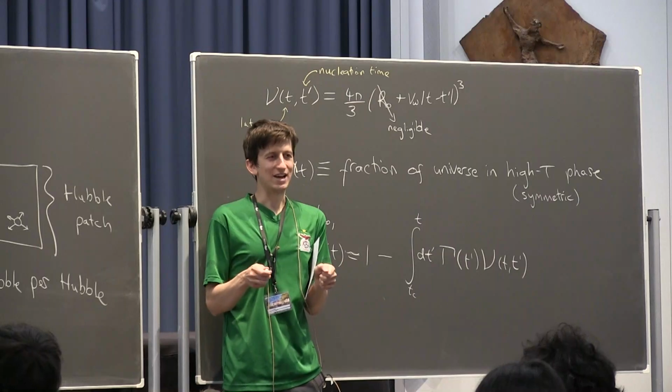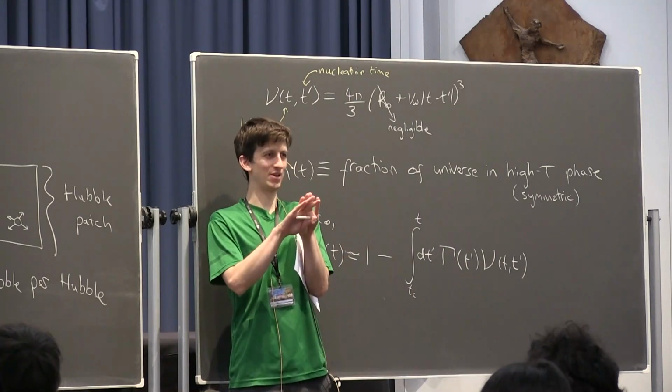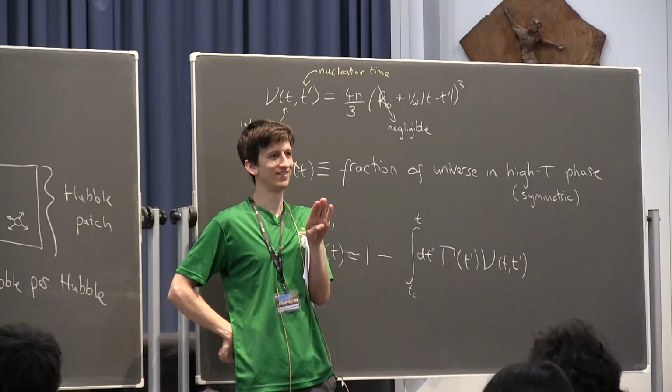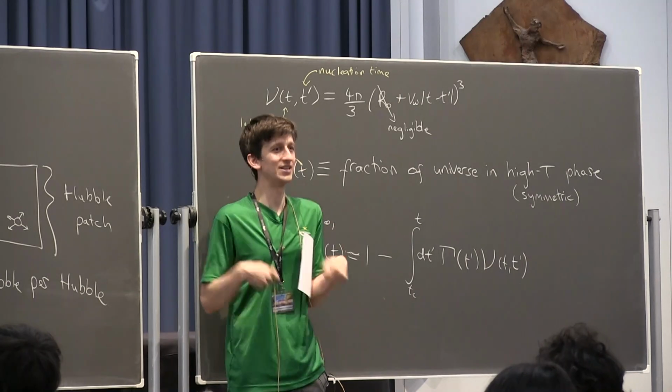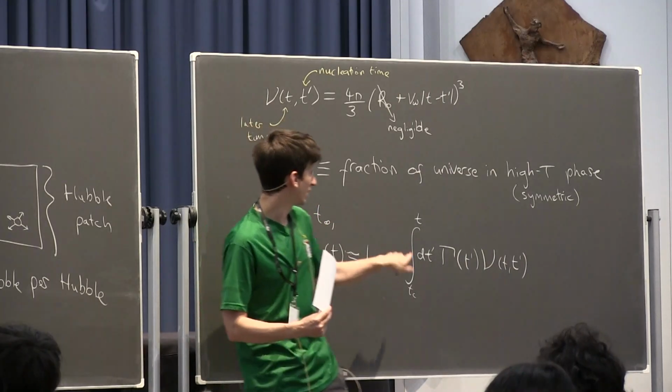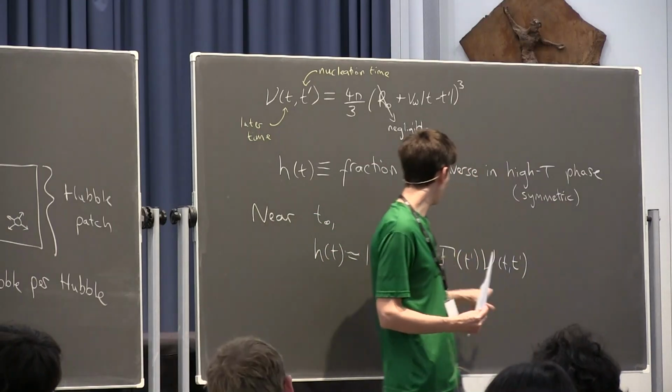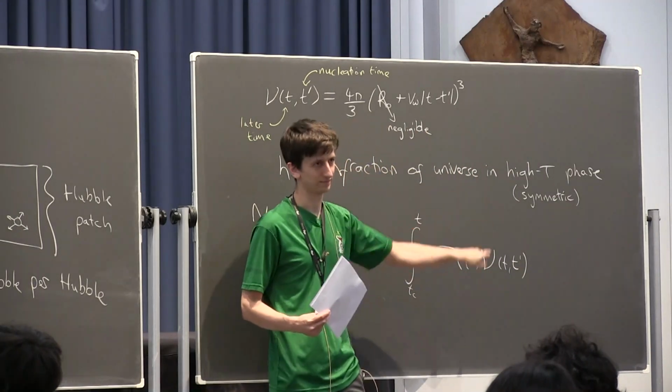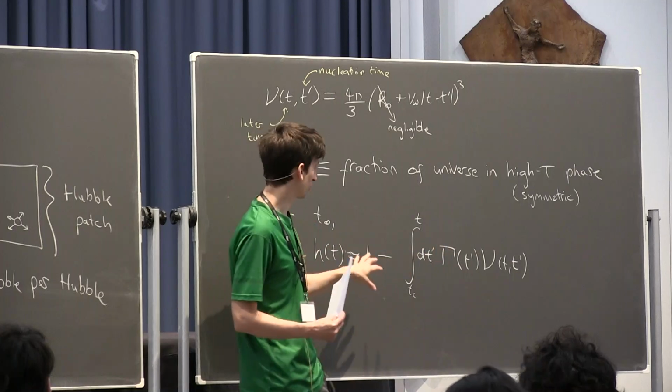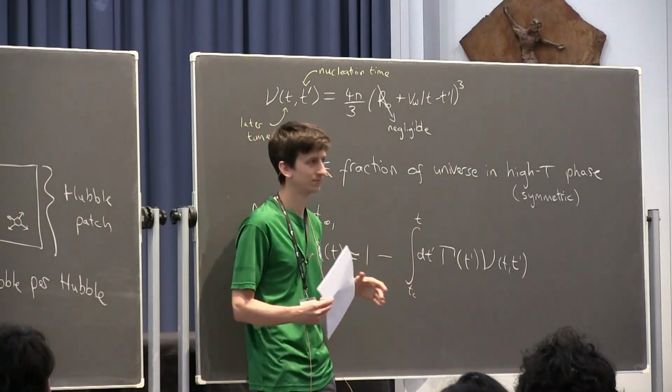But you don't want to get rid of both bubbles that overlap, you only want to get rid of half of them, because otherwise you're undercounting. So the next term will be a plus a half times this thing squared. And if we keep going, the combinatorics is going to give us an exponential.